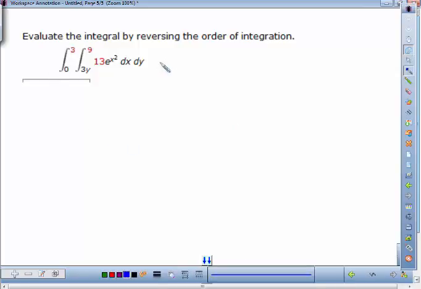Let's take a look at this problem where the integrand is 13x e to the x squared dx. You integrate with respect to x from 3y to 9.